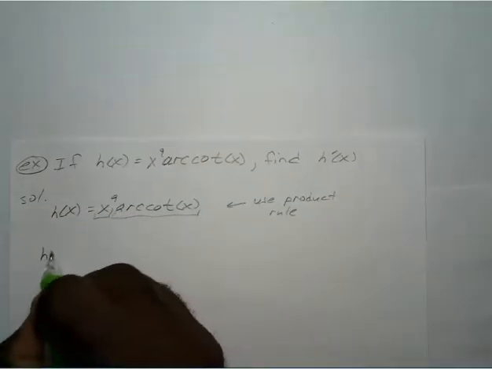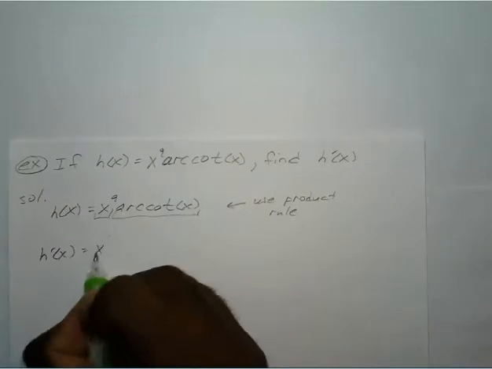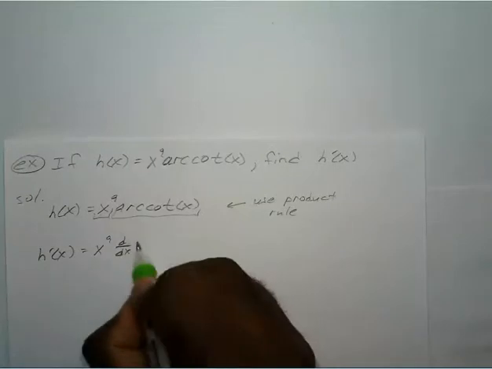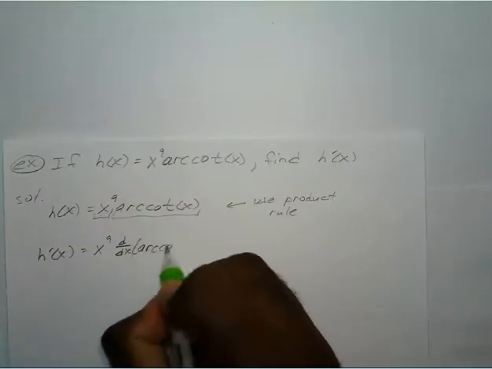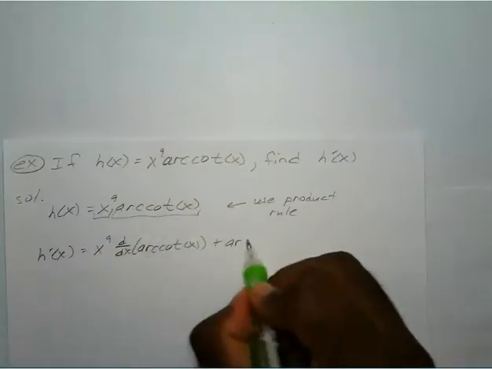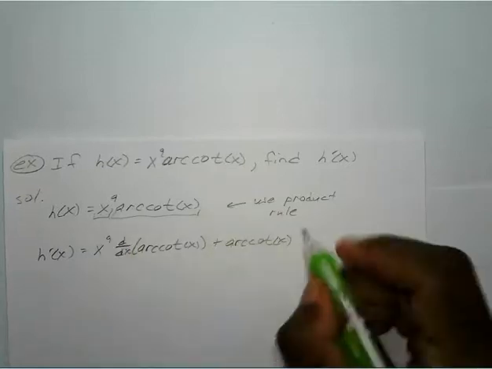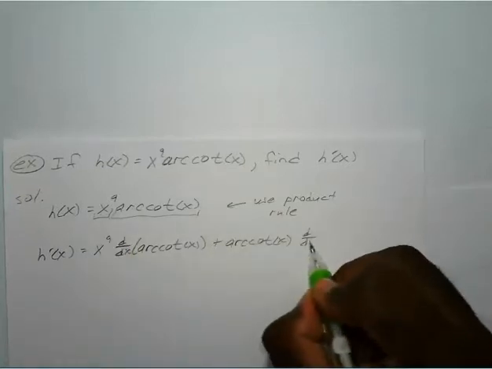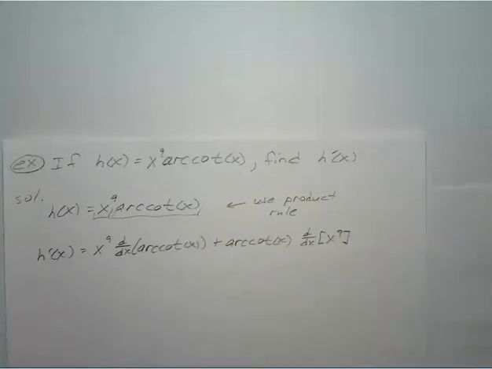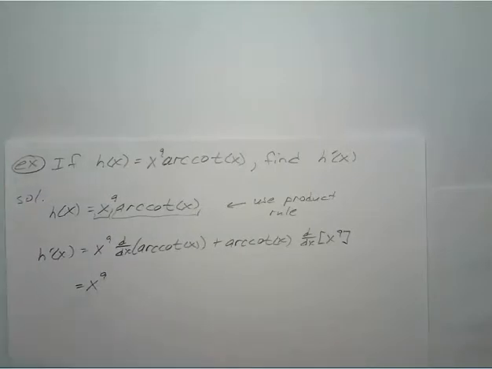Okay, so that means to find your derivative, that's going to equal your first times the derivative of your second, plus your second times the derivative of your first. Okay, so we have x to the ninth.